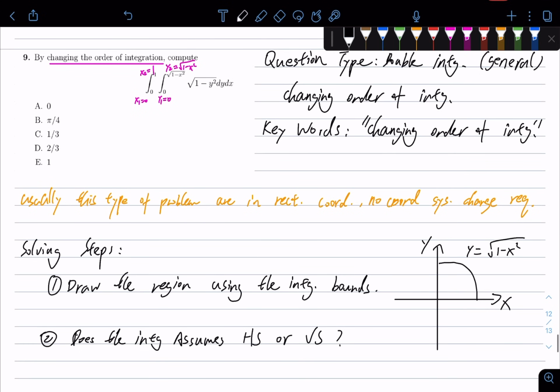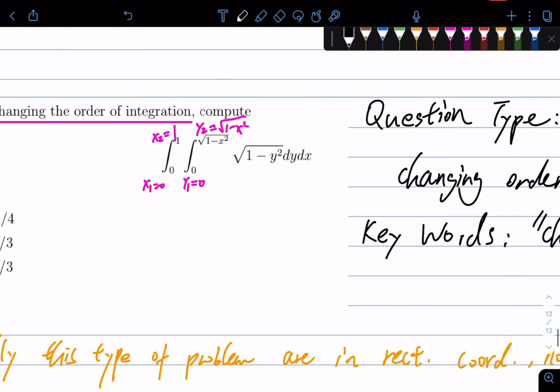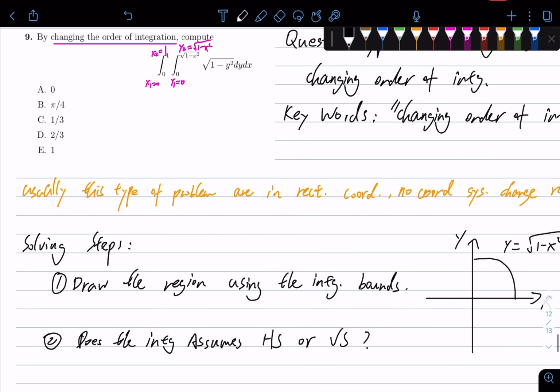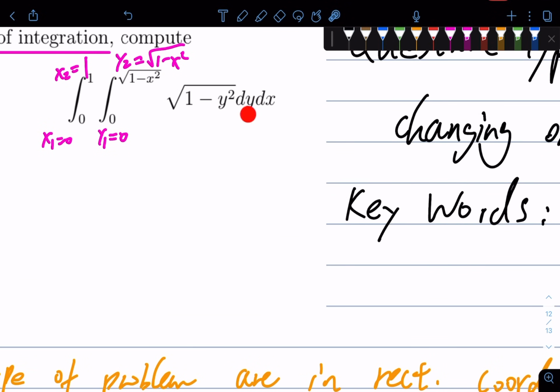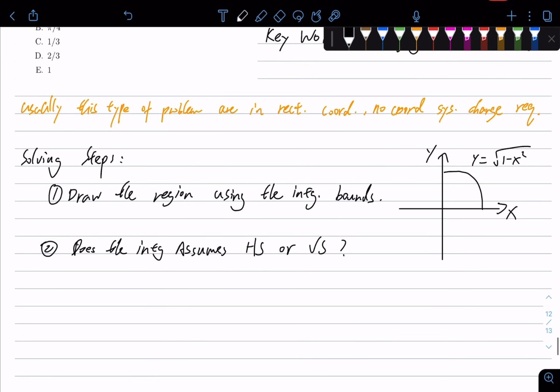The key difference is that by looking at the integral instead of the region, if the integral was dy first, that means the integral assumes a vertically simple region. In this case, it is integrating with dy first, so the integral is assuming the region to be vertically simple, right?